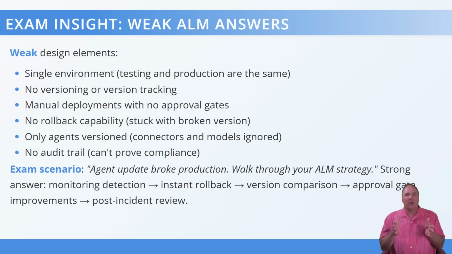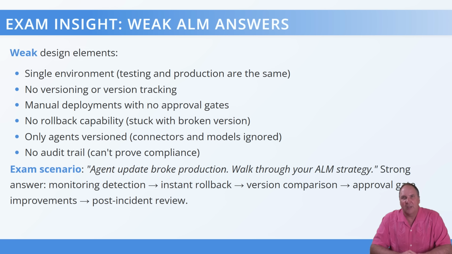Weak answers are single environment where testing and production are the same. There's no versioning. You do manual deployments with no approval, no rollback capability, only agents versioned while connectors and models are ignored, and no audit trail.